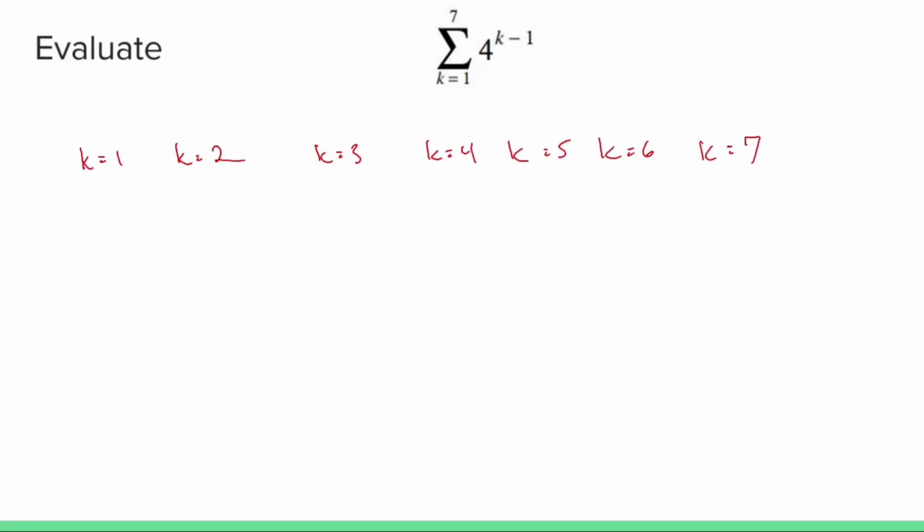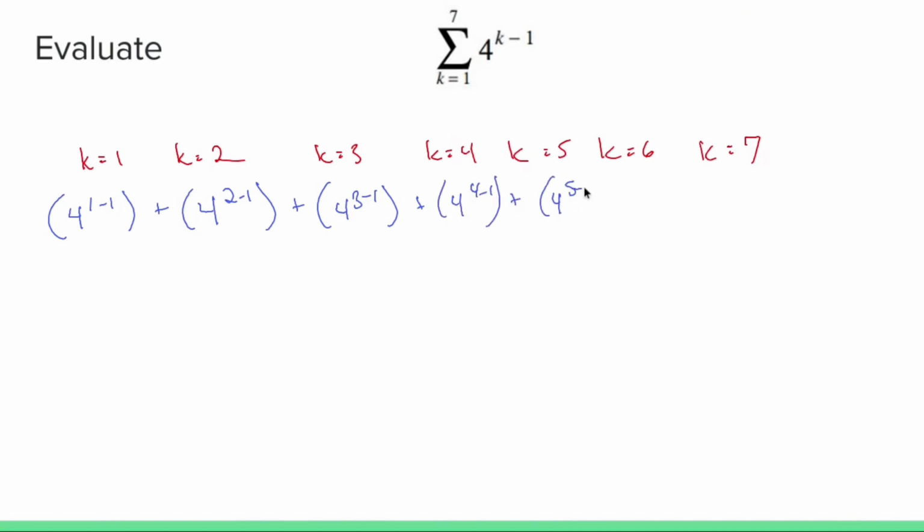So we've got 4 to the 1 minus 1, plus 4 to the 2 minus 1, plus 4 to the 3 minus 1, plus 4 to the 4 minus 1, plus 4 to the 5 minus 1, running out of room, plus 4 to the 6 minus 1, just saved it, plus 4 to the 7 minus 1.